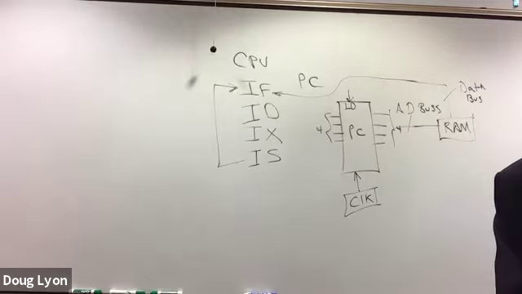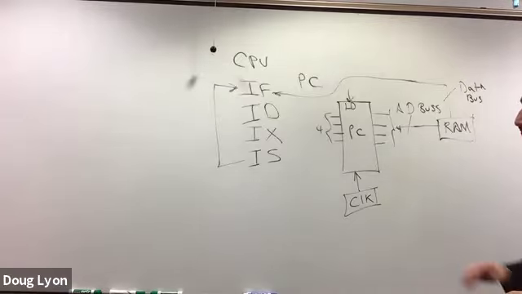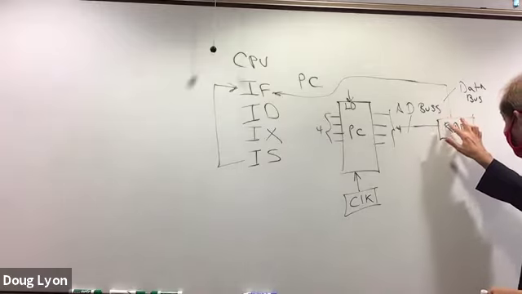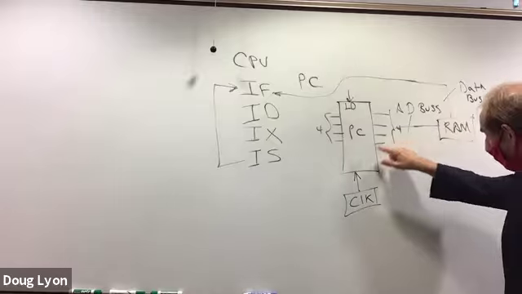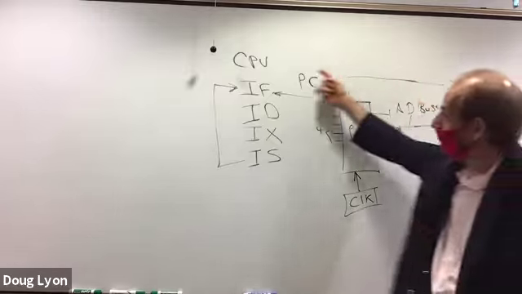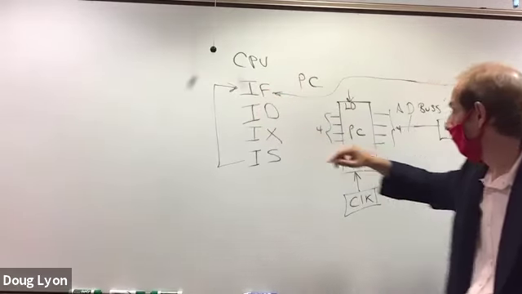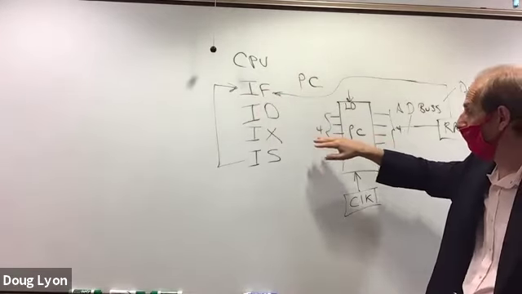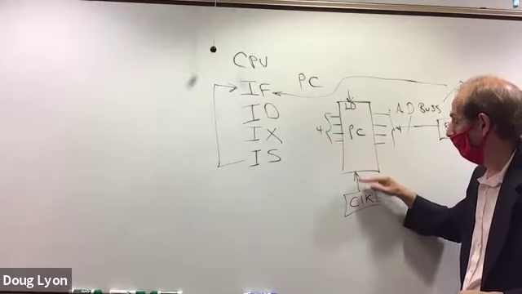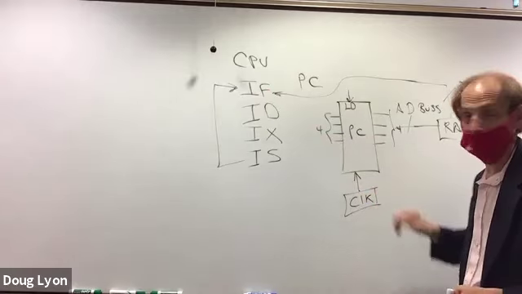That's all it does. And so then what happens here is that after you've taken the program counter's address, put it into RAM, and gotten your instruction, you have to increment the program counter automatically, just +1.